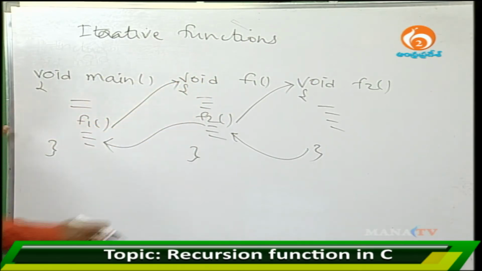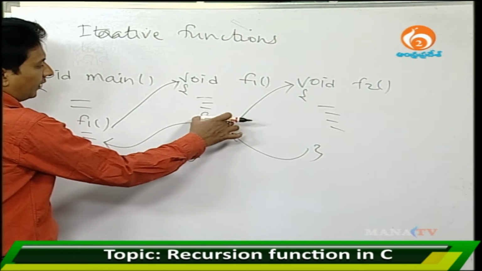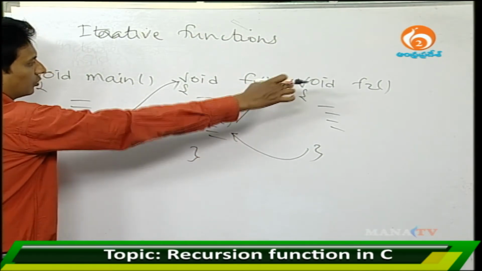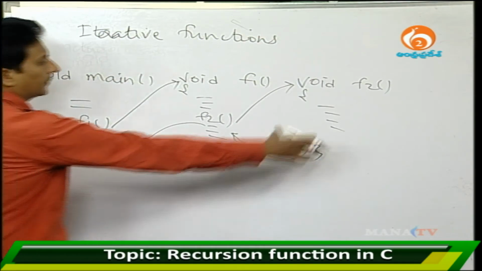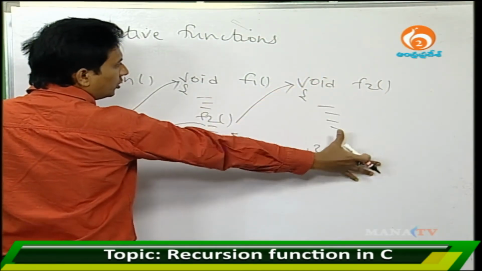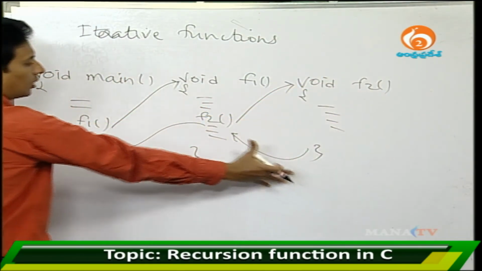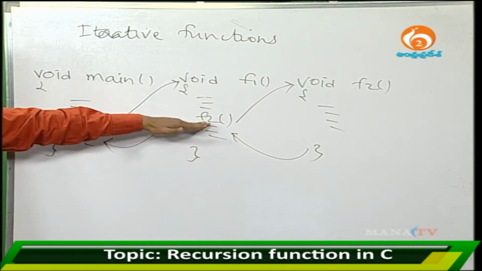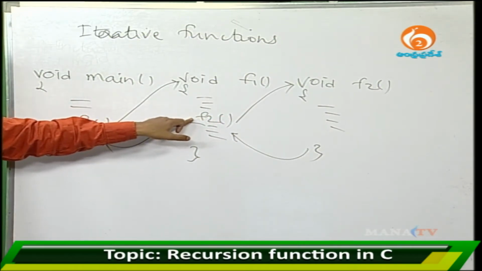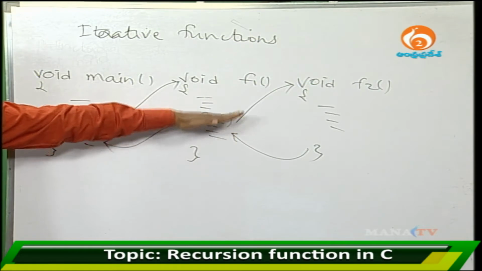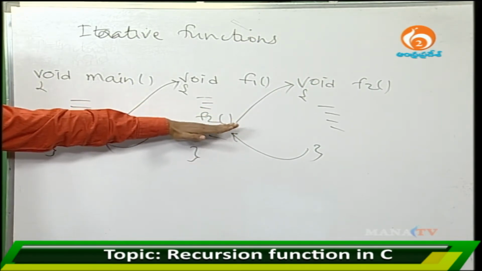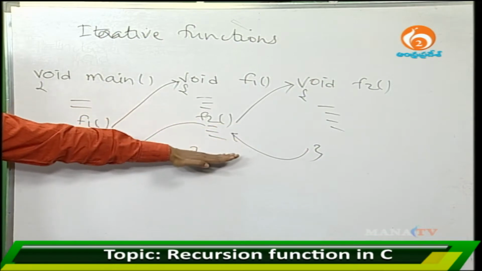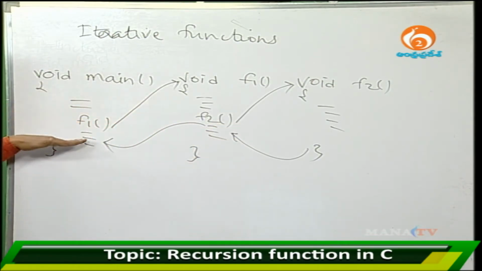Whenever the f2 function is called, the control goes to wherever f2 is defined. After full execution of the f2 function, control comes back to where it left off. After full completion of the f1 function, the statements following the function call are executed, and then control comes to the calling function.